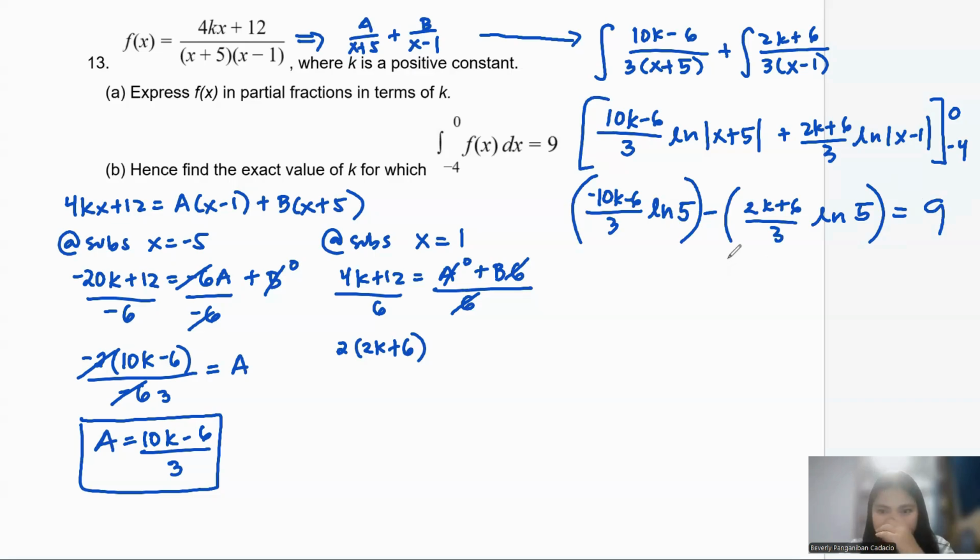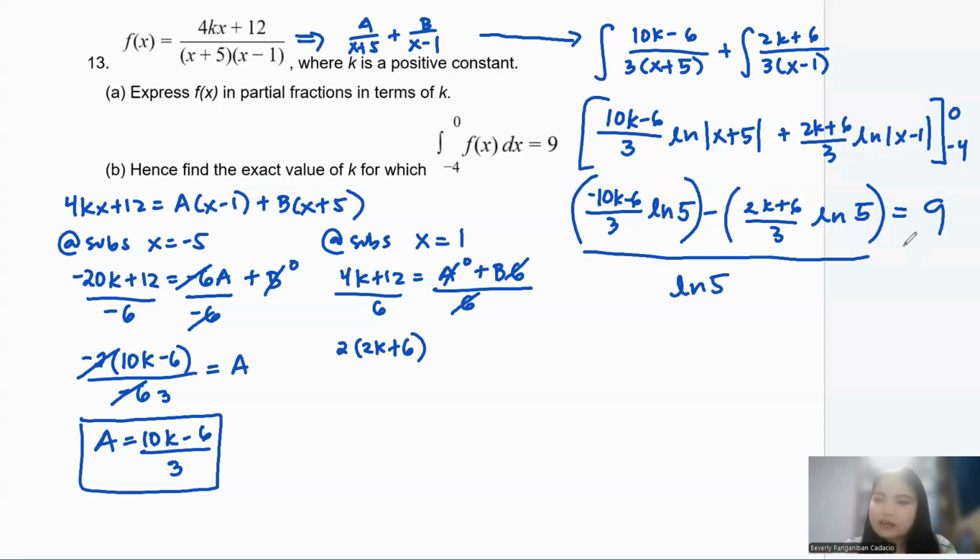Now, what can we do? Can we factor out ln 5? Yes, we can because there's ln 5 in both. Okay. So we have ln 5. So actually, you can just divide both sides by ln 5 here.